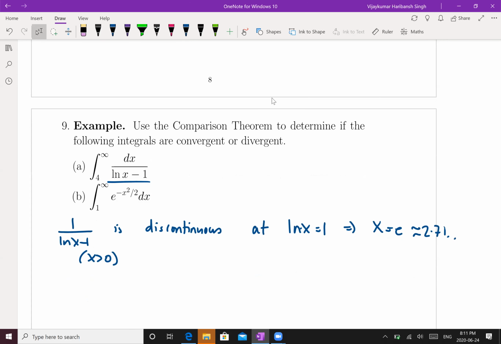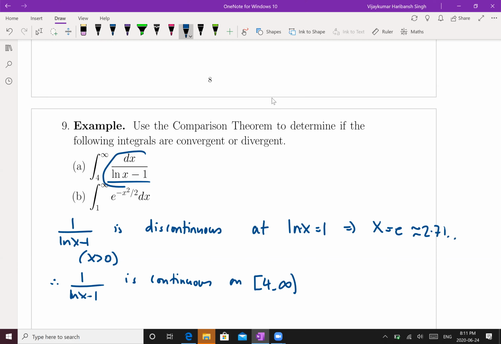So therefore, 1 by ln x minus 1 is continuous on 4 to infinity. Now we want to use the comparison theorem to see if it converges or diverges.